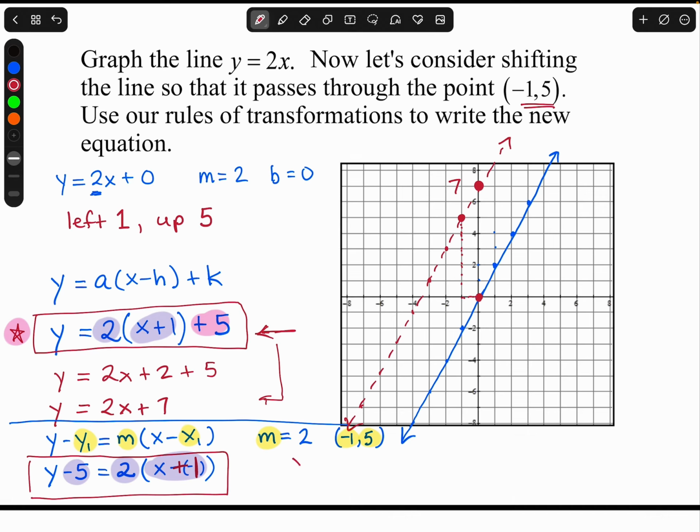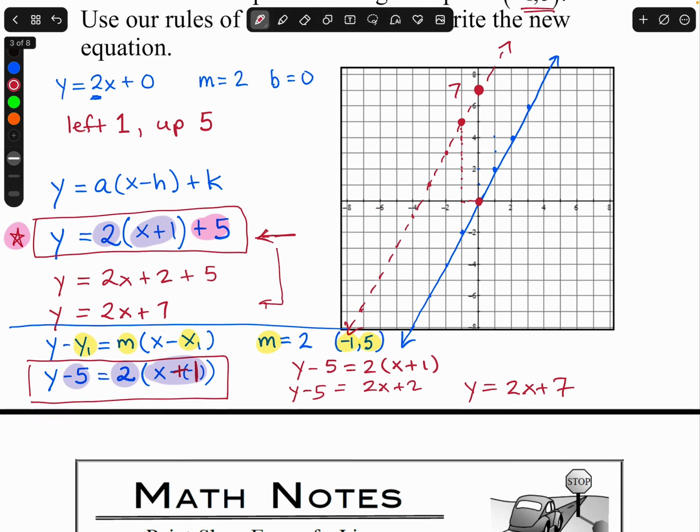And if we really want slope-intercept form, we could go all the way there. Our y minus 5 is equal to 2 times the quantity of x plus 1. Just simplify it: 2x plus 2 is equal to y minus 5, and we'd add our 5 across there. If you want your slope-intercept form, that's where you're at: y equals 2x plus 7.